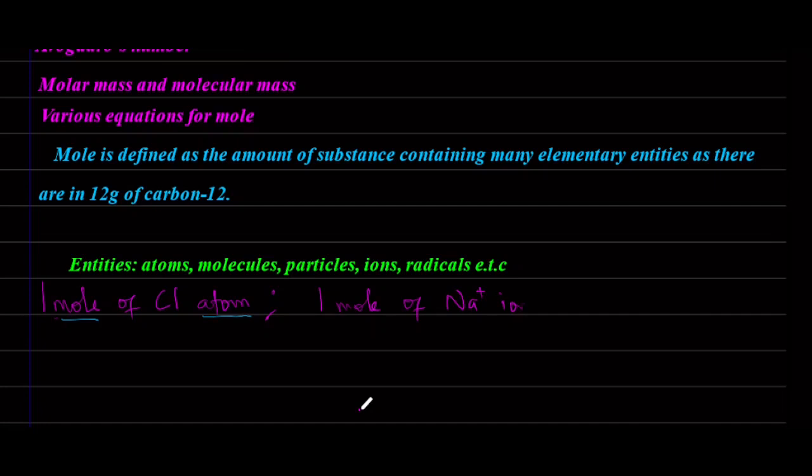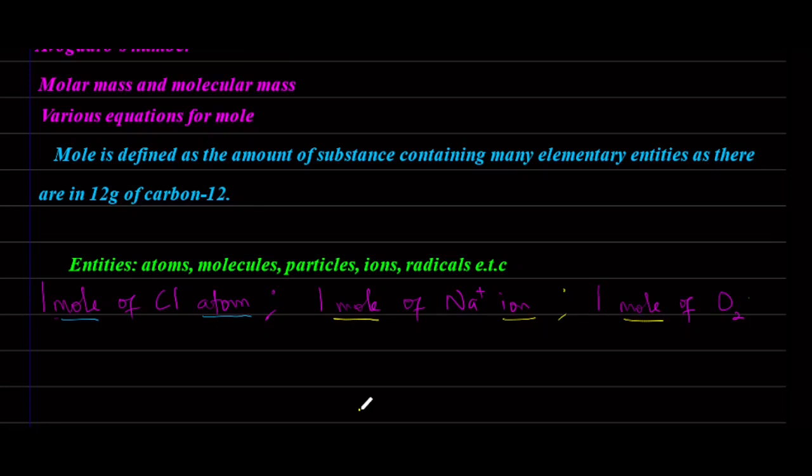In 1 mole of sodium ion, we have mole and we also have ion, which is our entity. Let's look at another example. 1 mole of oxygen molecule. That means in oxygen molecule, we have mole and we have mentioned the entity, which is molecule. So whenever we make use of the mole, there must be specification on the type of entities we are talking about. This is what we mean by mole concept.